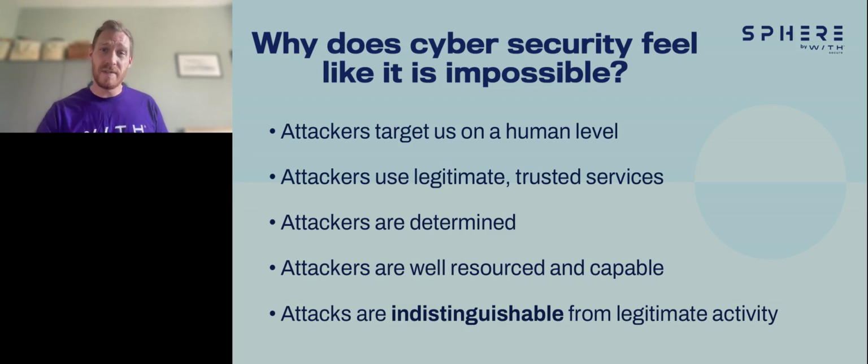Legitimate trusted services are utilized really often now by threat actors in the wild. And the reason that's so successful is because there's an inherent level of trust, even if it's tacit, in these services. And not only are attackers undermining our trust, but they're determined to undermine anything they can to access your networks and your digital assets, with a lot of resources and with capability that is only going to increase.